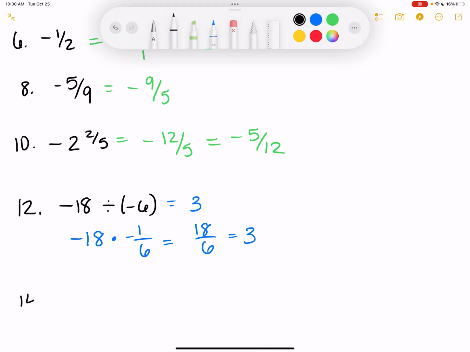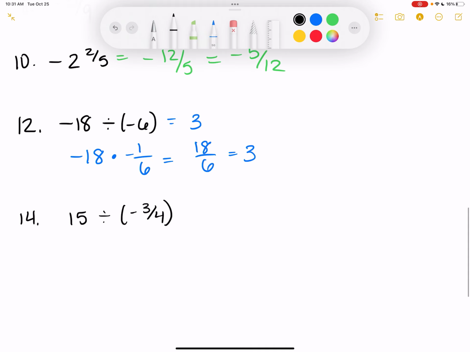Number 14, we have 15 divided by negative 3 over 4. So I'm dividing, okay? So I need to multiply by its multiplicative inverse. What is the multiplicative inverse of this? 4 over 3, negative 4 over 3.